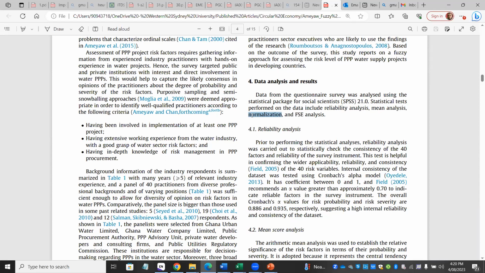Especially when you get to know that the factors don't have much prior theoretical standing or support. Like in the past, people have not done much studies on the topic that you are dealing with, and they have not categorized that. But the reason why, which we'll see very soon, is that in this PPP water project area, the authors established that people have already done studies on that.